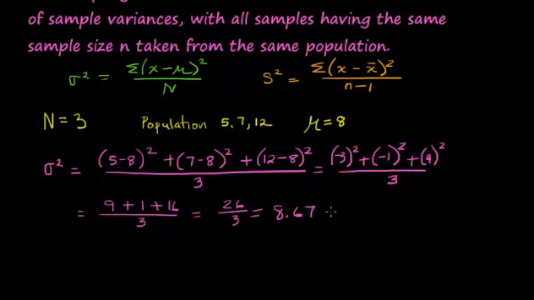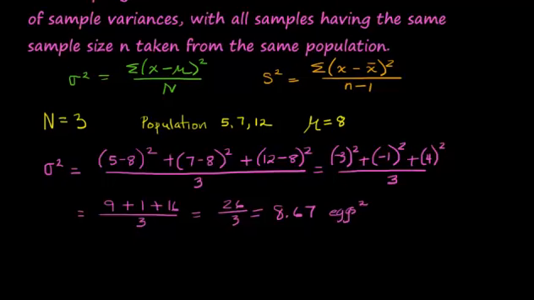And again, this is now in eggs squared. Remember the units. Now if I took the square root of this, I would get the standard deviation, and it would just be eggs, because the square root of eggs squared would be eggs. Okay, but we're just dealing with the variance right now.